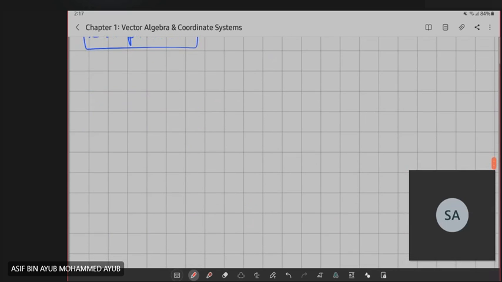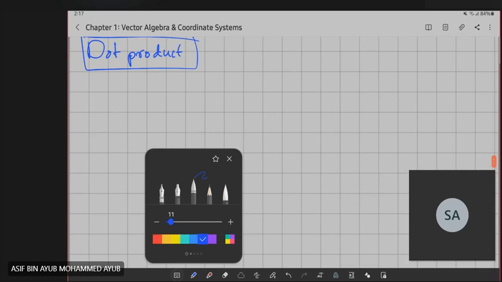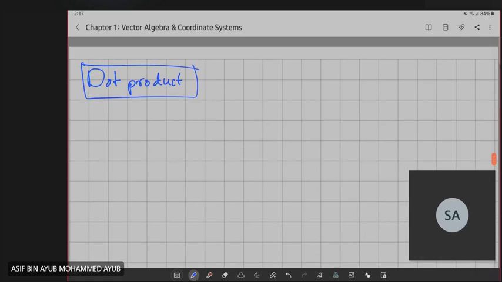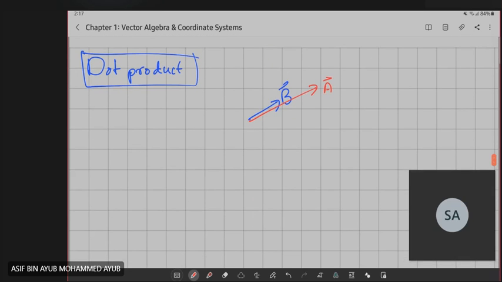In contrast, the dot product tells you how close the two vectors are. So suppose you have a vector b like this and a vector a like this, the dot product is maximum. And suppose you have a vector a like this and you have a vector b that is perpendicular to a, and the dot product is 0. So dot product kind of measures how close a and b are.